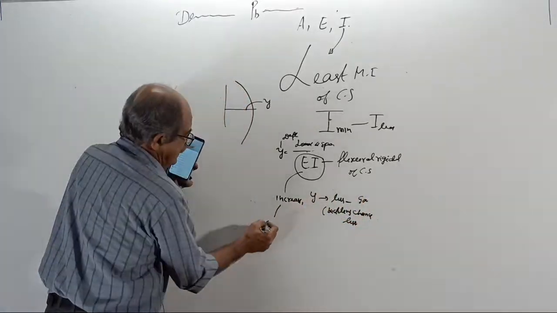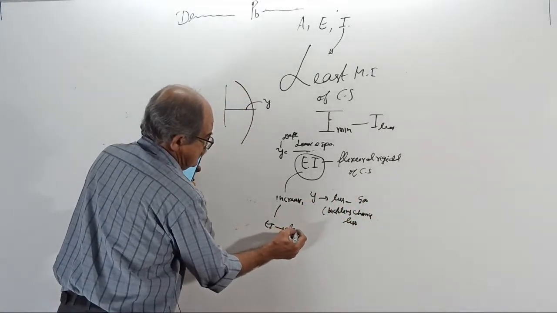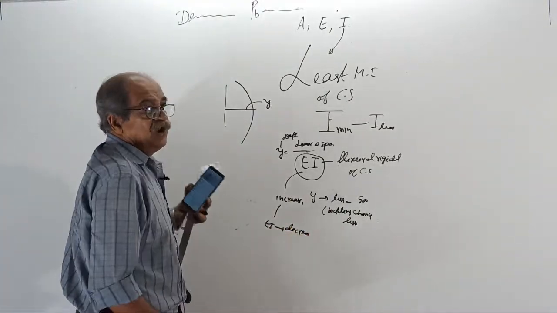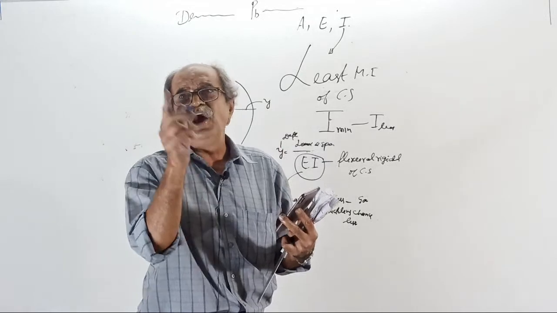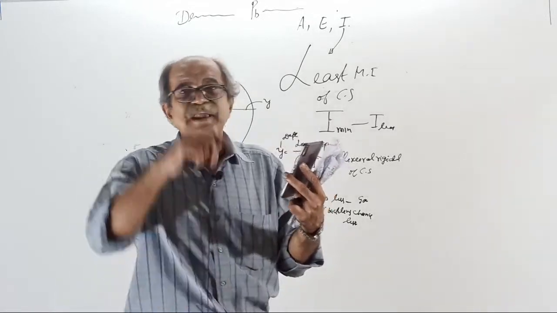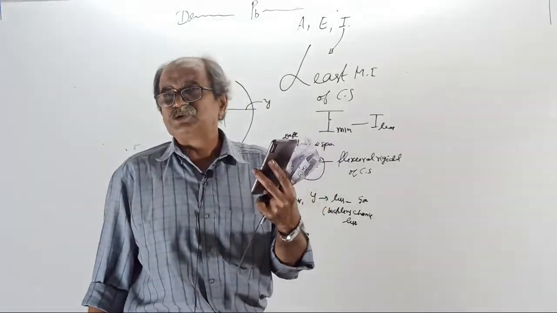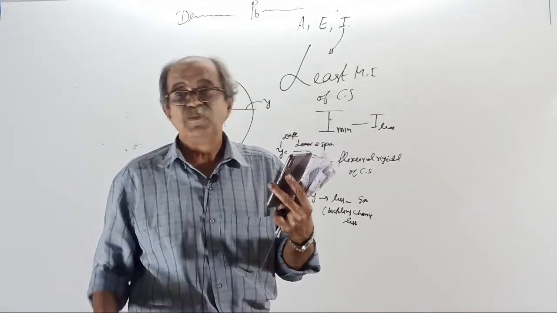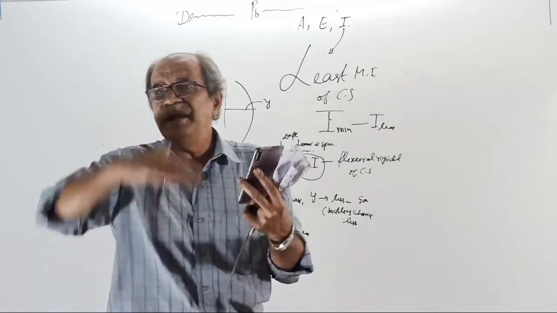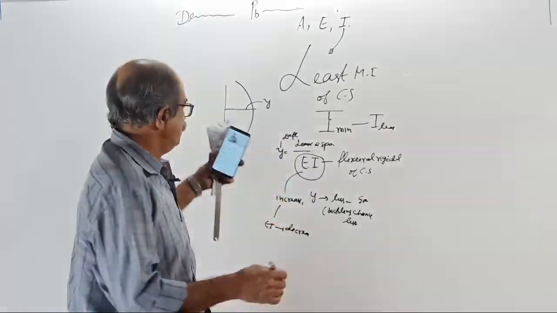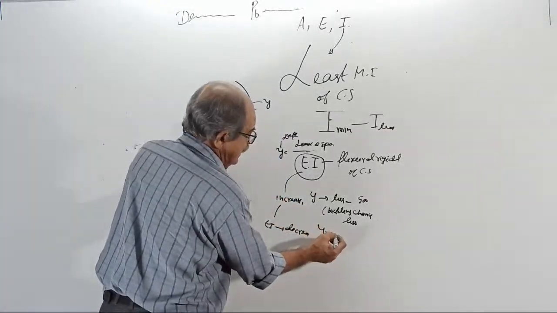But as EI decreases, tell me, the column or beam becomes stronger or weaker? If EI decreases, it becomes weaker, because deflection will increase.